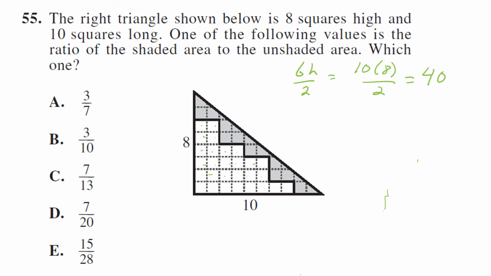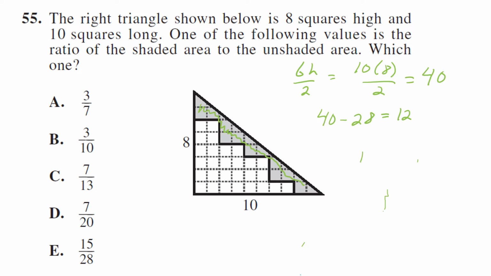And so all of this triangle, all of it is 40. So 40 minus 28, the white unshaded area that we counted earlier. So 40 minus 28 is 12. Okay, so that's the shaded area. So that means this is 12, right?